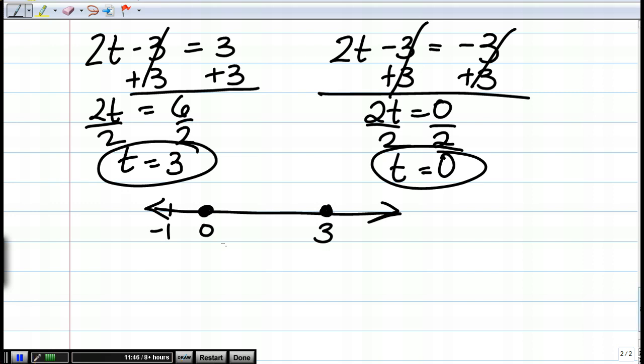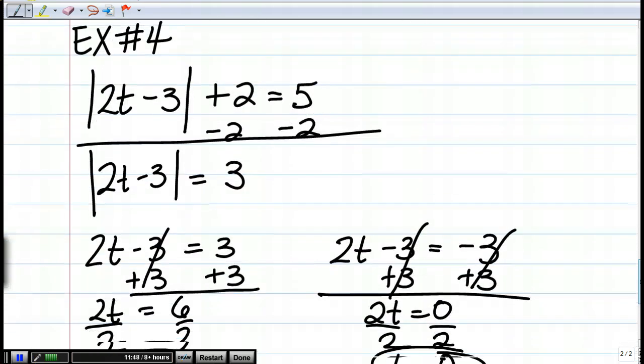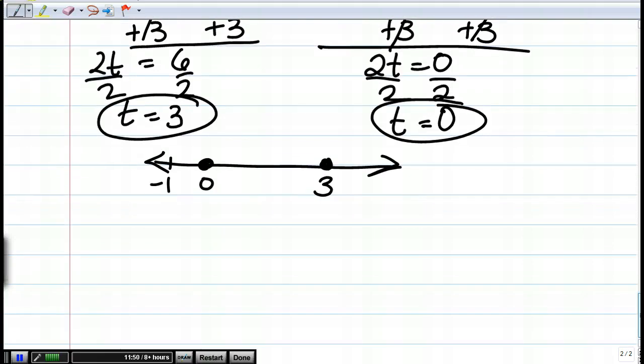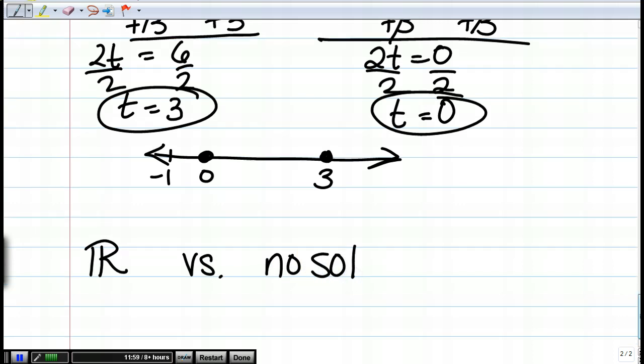So these are the 4 examples that I wanted to do with you. I need to point out that you still have all real numbers and no solutions. Okay, so if you have something that should look like an or, and because it's a greater than sign, so if it should be an or, and it ends up looking not like that, you still have to use your no solution and all real number rules.